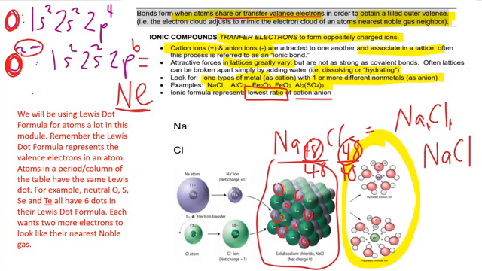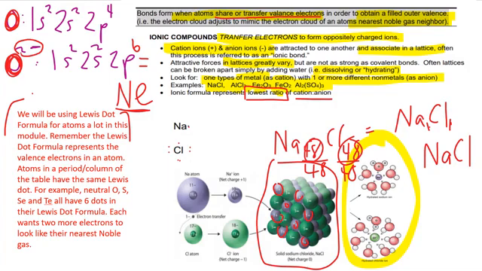Over here I made a little note. We'll be using Lewis dot formulas for atoms a lot in this module, so here's a little review on Lewis dots. Sodium has 1 dot because it has 1 outermost electron. Chlorine has 7 because it has 7 outermost electrons.